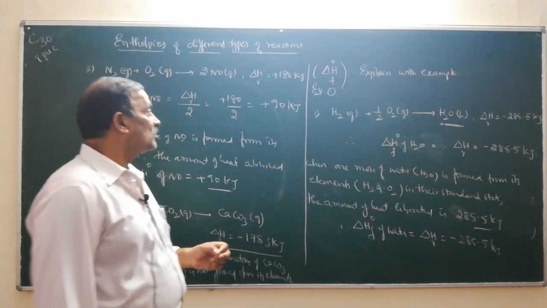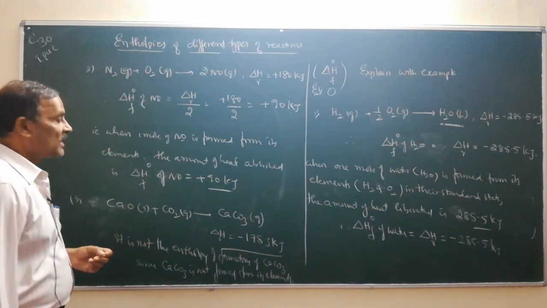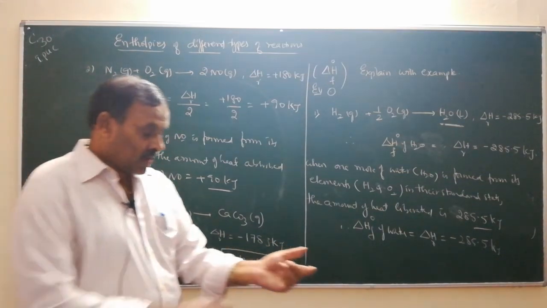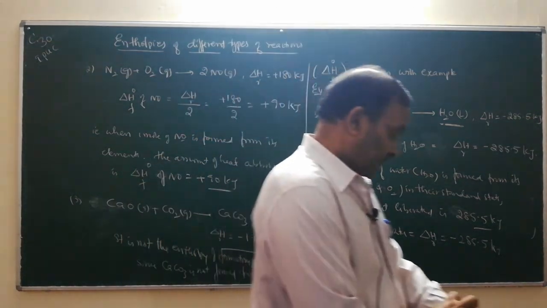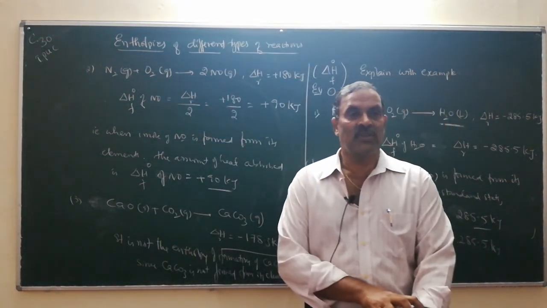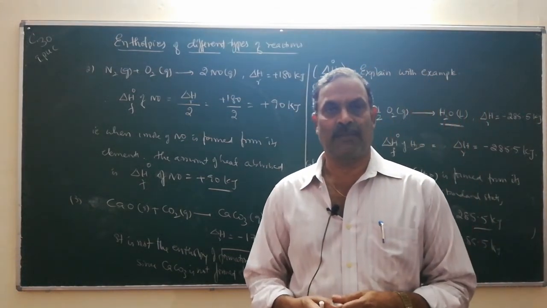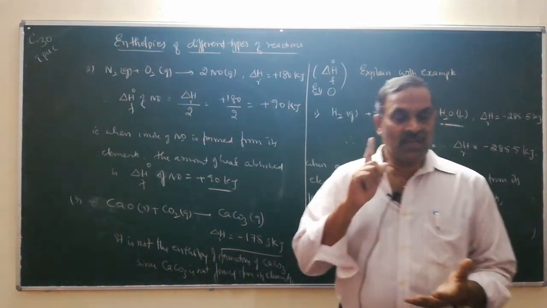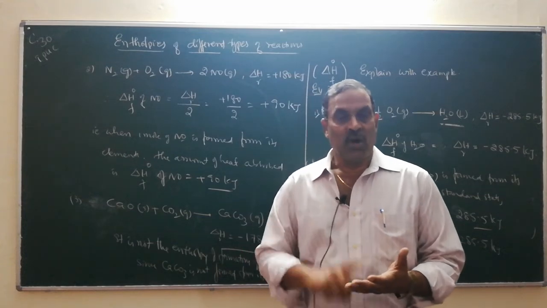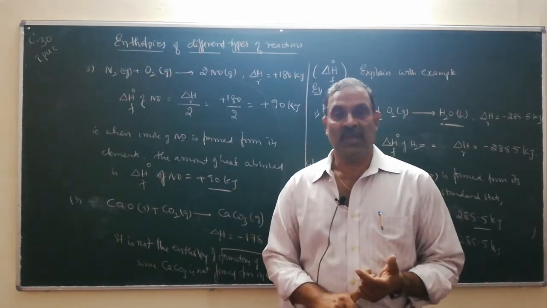So now you can understand the first. There are different types of enthalpies of reaction depending upon the nature of the reaction. So under that, today we have studied what is enthalpy of formation.